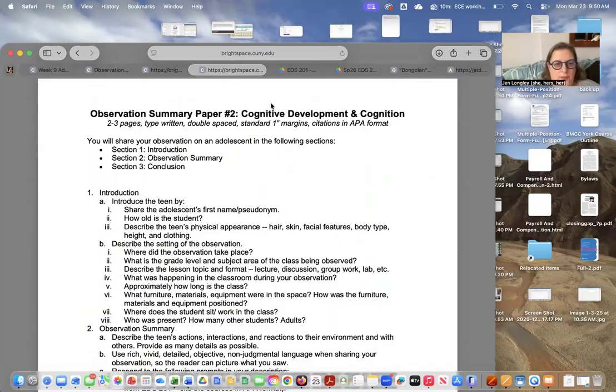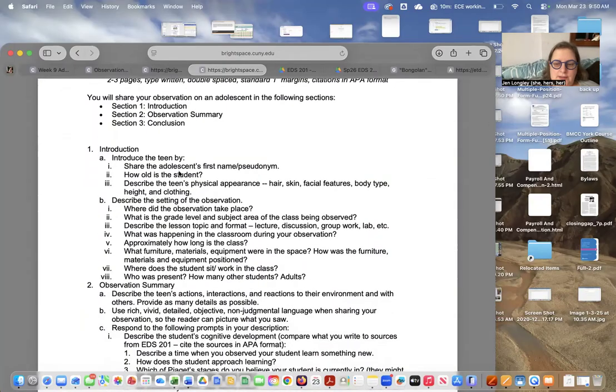So again, there's 3 sections to this paper: your introduction, your observation summary, and your conclusion. You're going to share your teen's name, pseudonym, how old or what grade they're in, describe their physical appearance, especially if it's changed. Their hair might be the same.